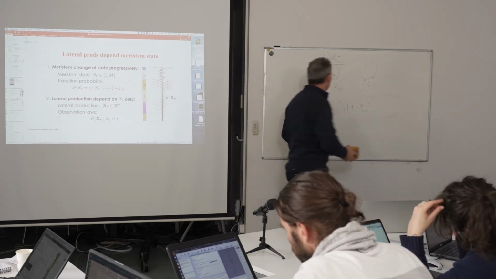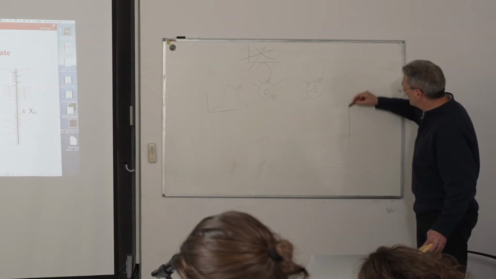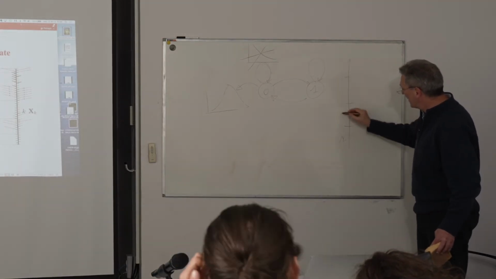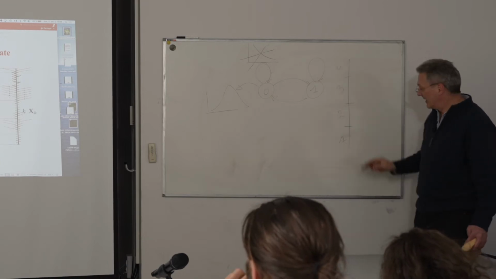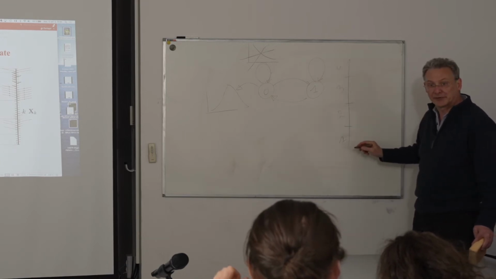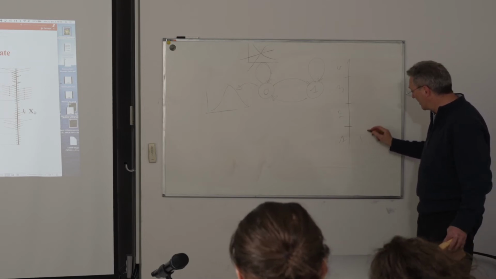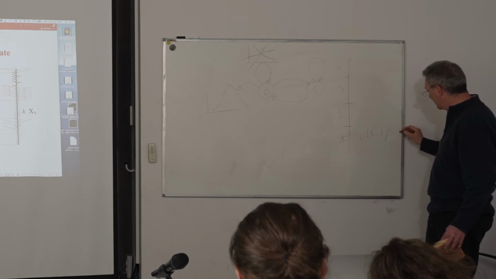So the idea is slightly different, or slightly augmented. My meristem would go in this way, will pass through state 1, state 2, state 3, state 4, I don't know, something like this. And the probability to observe a branch here will be the probability of x equal 1, knowing my state equals 1.